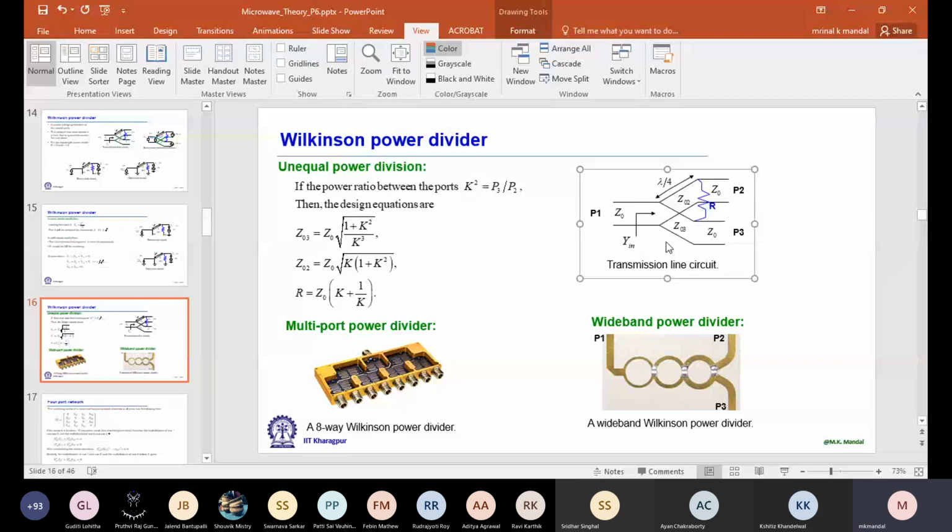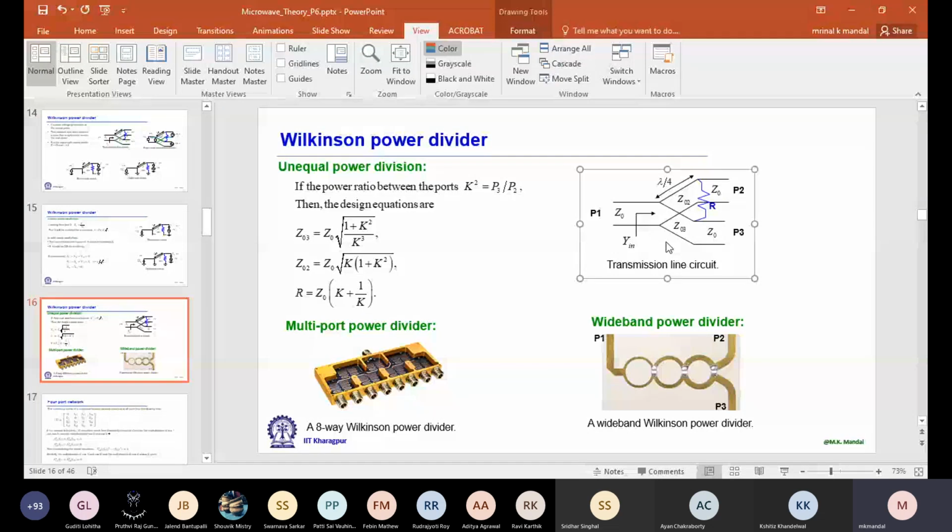In that case, you have to change the characteristic impedance of these lambda by 4 branches. So we have a standard formula already derived. Let's say the power ratio between P3 and P2 is represented by K square. K square is a value less than 1.